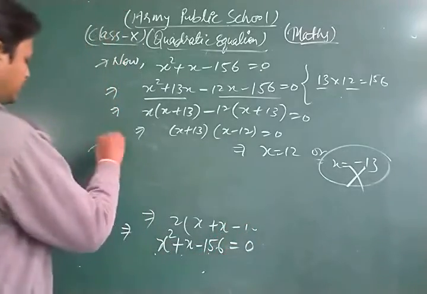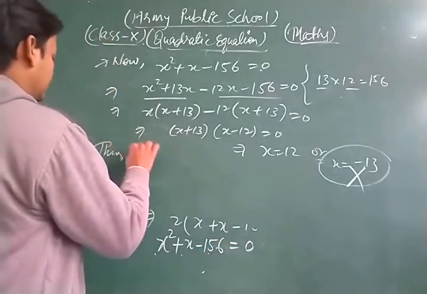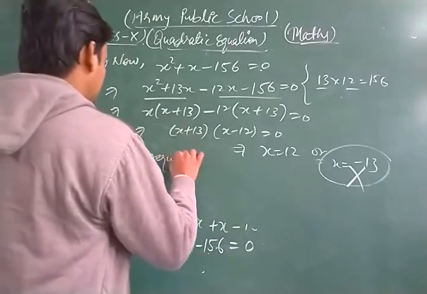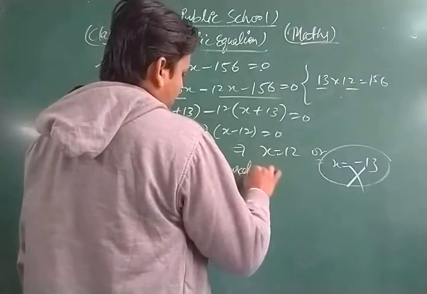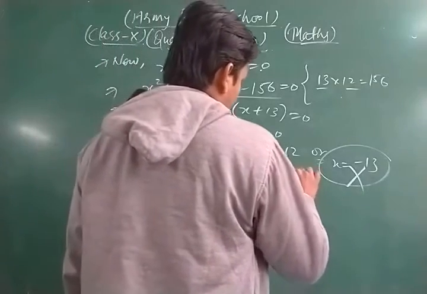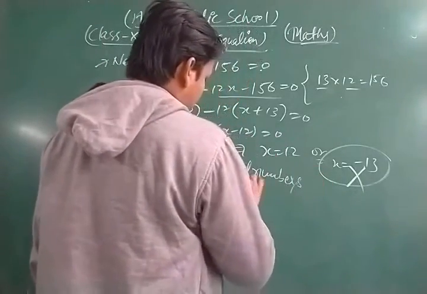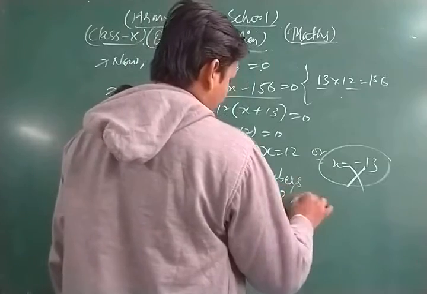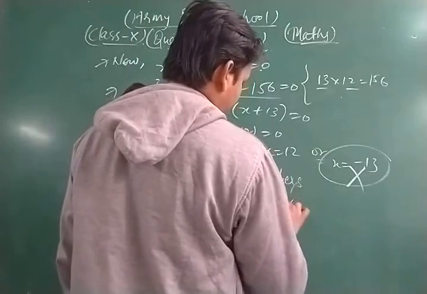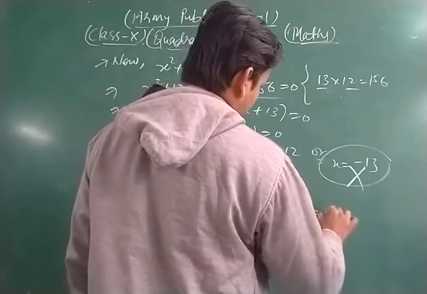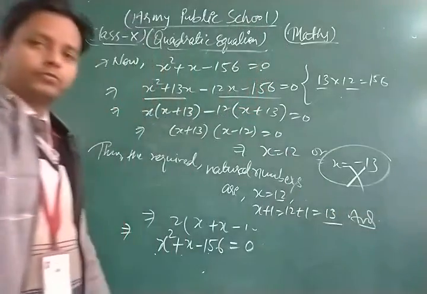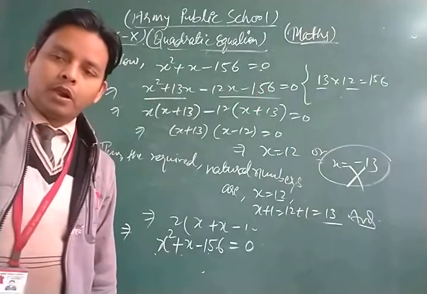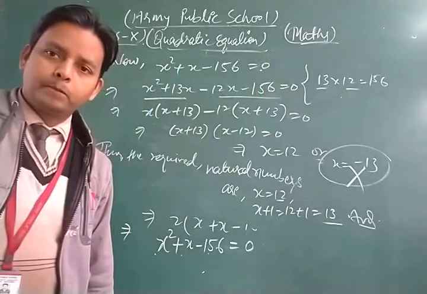Thus the required natural numbers are x, that is 12, and the second one x plus 1, that is 12 plus 1, that is 13. This is the required solution of the given question.